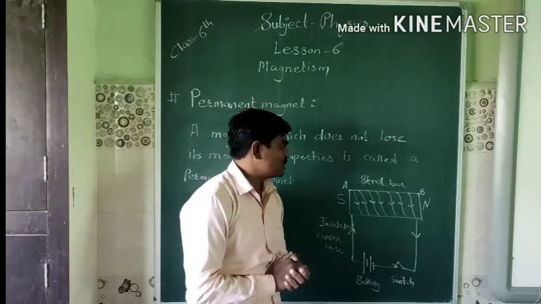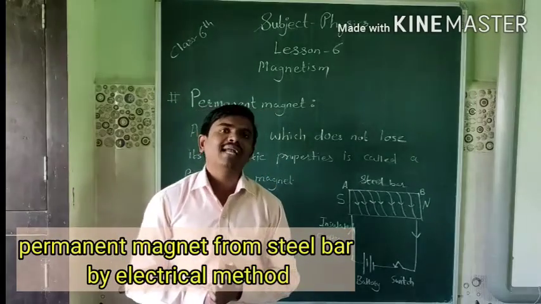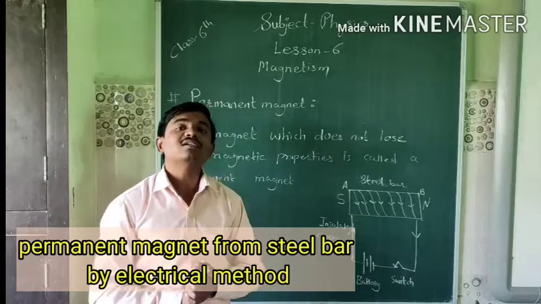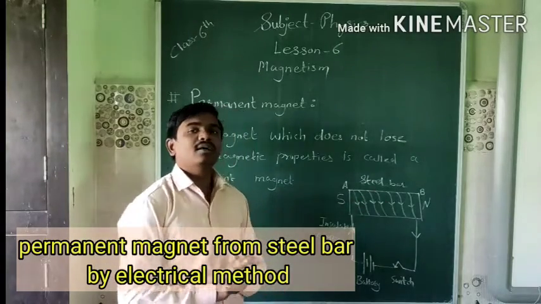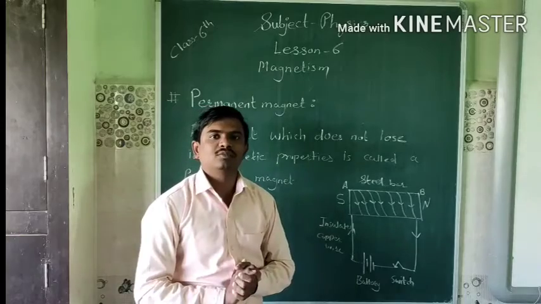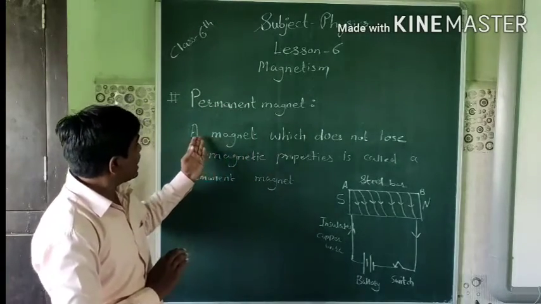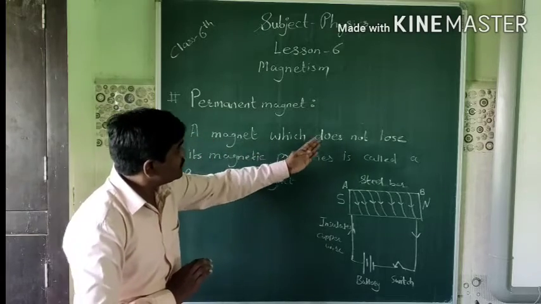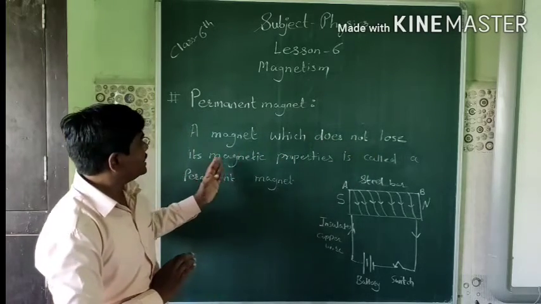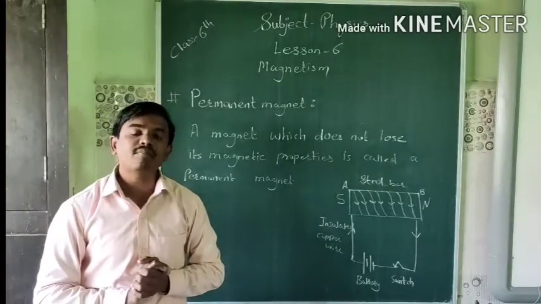So here students, we can make a permanent magnet from a steel bar in the electrical method. So lastly we can say that a permanent magnet is a magnet which does not lose its magnetic properties.